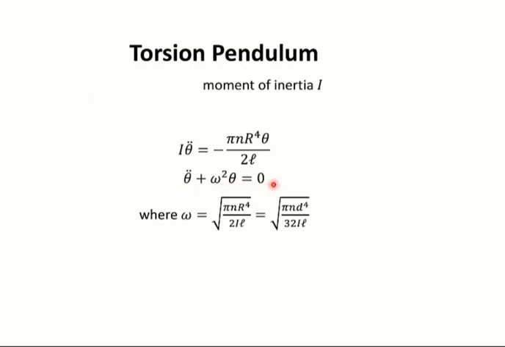But again, this is a simple harmonic motion equation. So that means if we twist an elastic object like that and leave it, it will do a simple harmonic oscillation. By twisting, we call that a torsion pendulum. Again, I encourage you to do this calculation of torsion pendulum on your own.